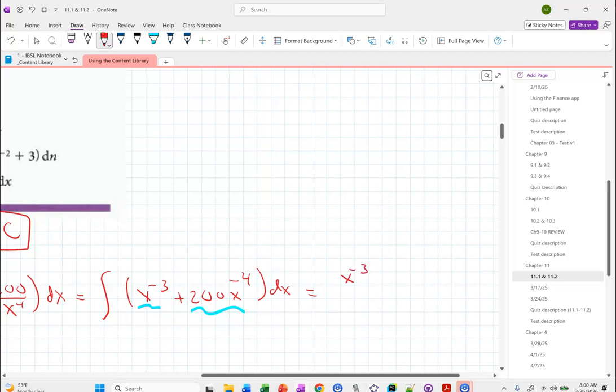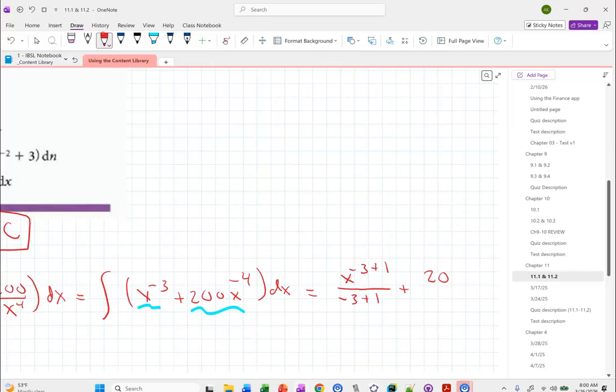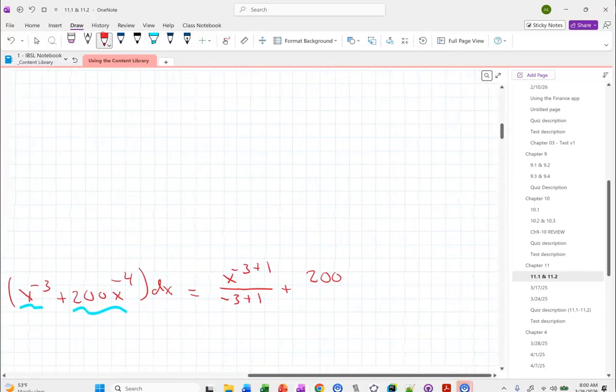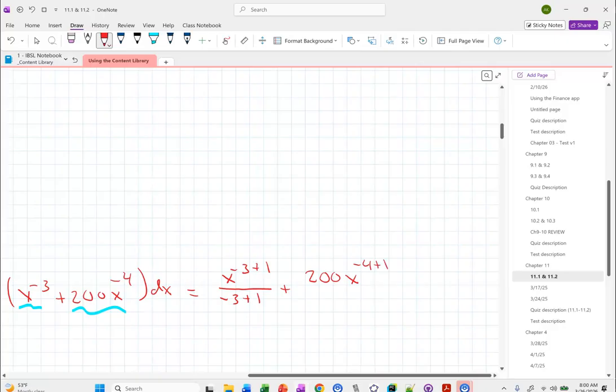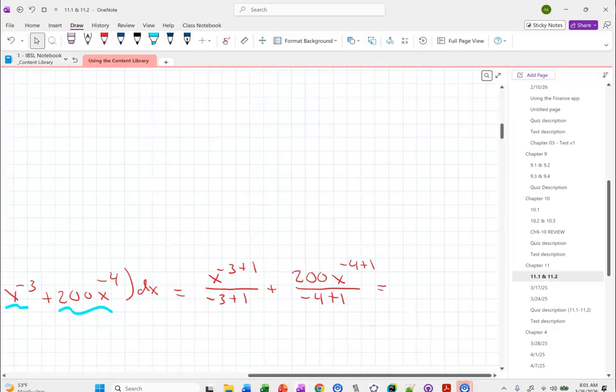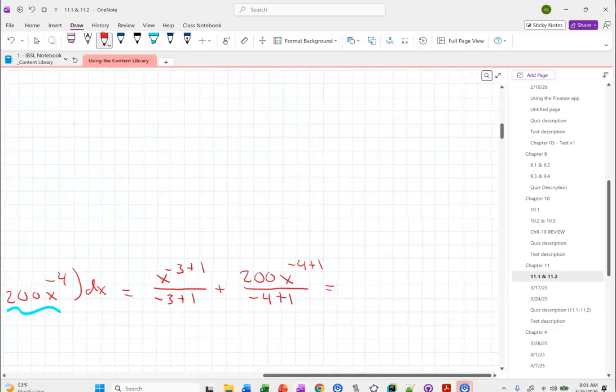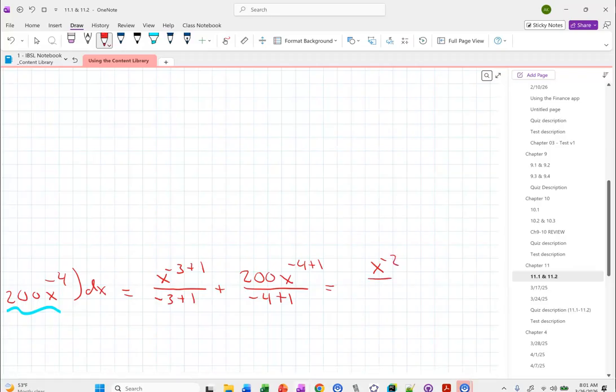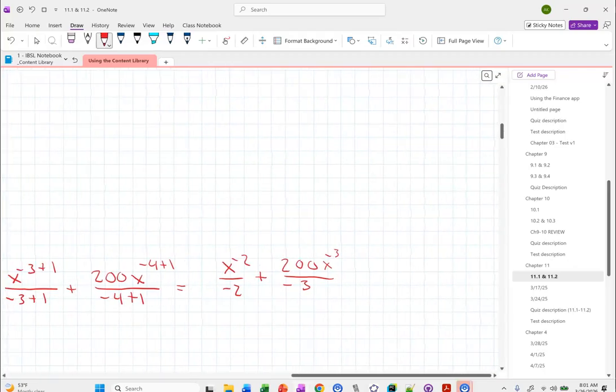For x to the negative 3, I'm going to add 1 to the exponent and then divide by the new exponent. For 200x to the negative 4, I'm going to add 1 to the exponent, divide by the new exponent. So that's going to give me x to the negative 2 over negative 2 plus 200 x to the negative 3 over negative 3. And then I'll put a plus c at the end.